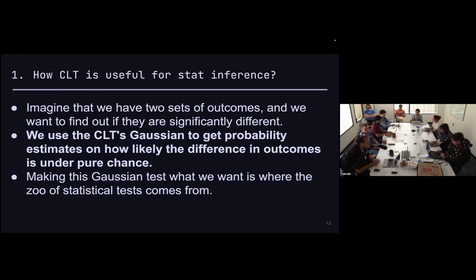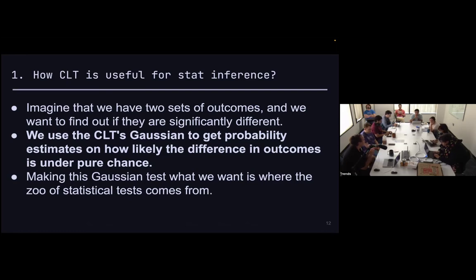So how is this central limit theorem useful for statistical inference? We just talked about what it is and how it behaves, but what can we use it for? We talked about that it works with sample means, and that it tells us the sample mean will eventually follow a Gaussian distribution. It gets narrower as you increase the number of points. We can use this Gaussian to estimate the probabilities of how likely different data sets are the same or not the same.